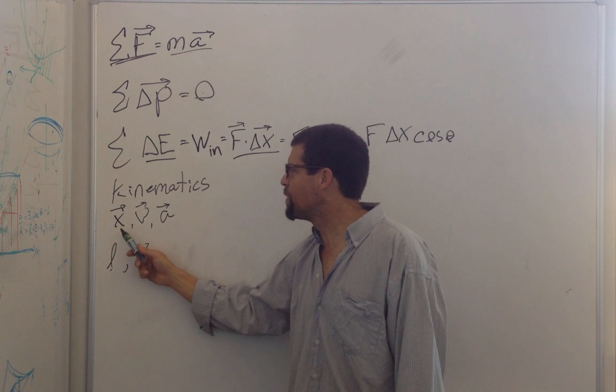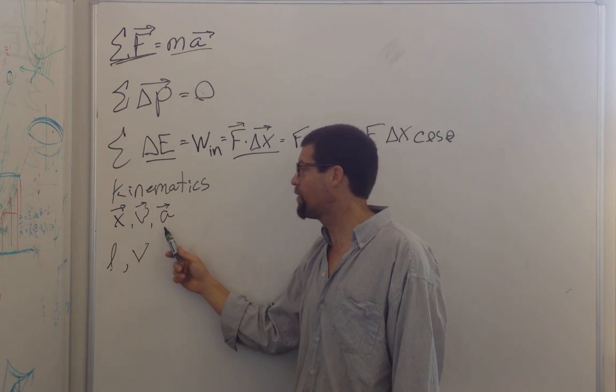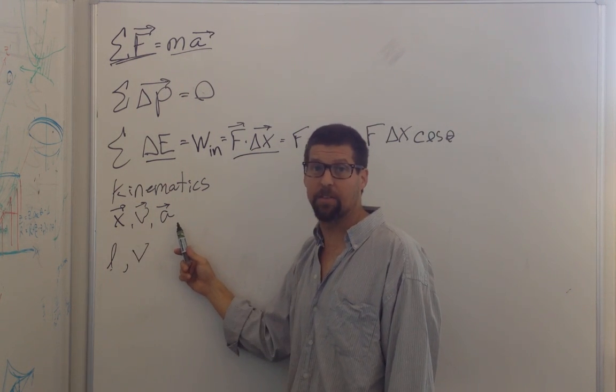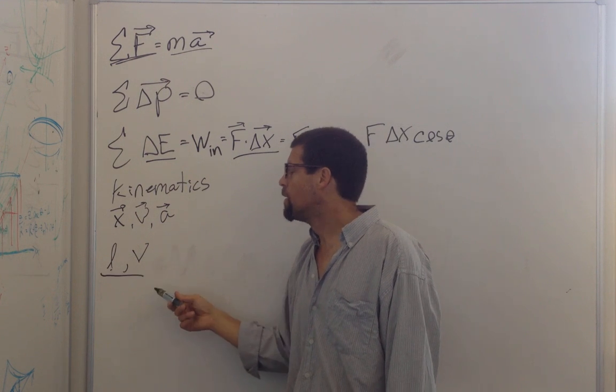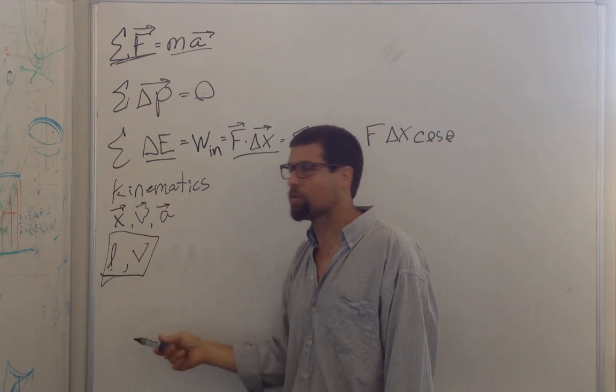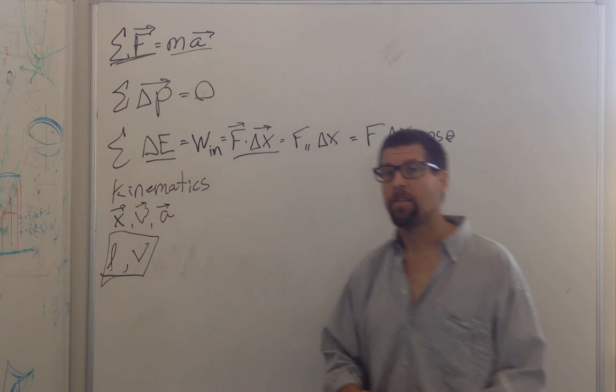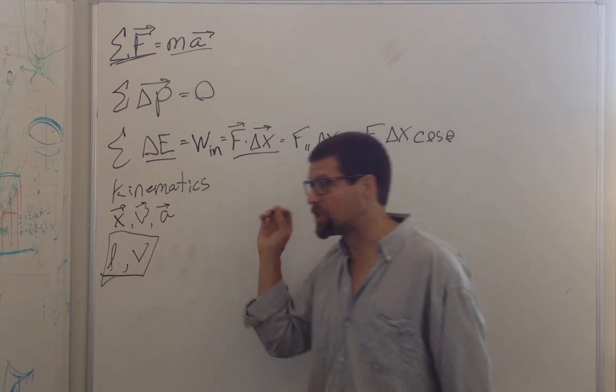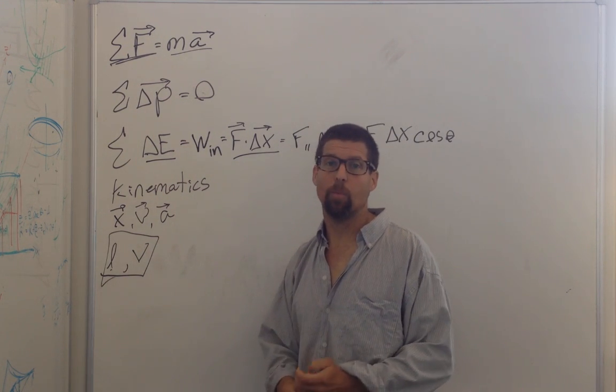And the kinematic variables, displacement, velocity, and acceleration, also need to be recognized as vectors or added like vectors. But we have kinematic scalars as well, of path length and speed, which is the rate at which you are moving on a path.